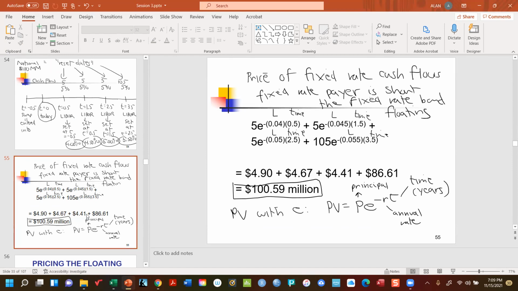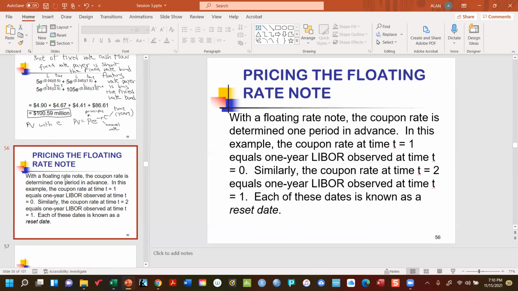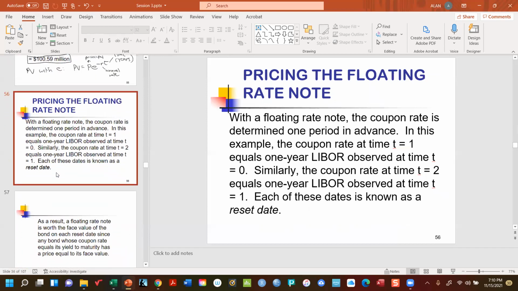They're long the fixed rate bond. Okay, now the floating rate bond, now this is a very strange result.